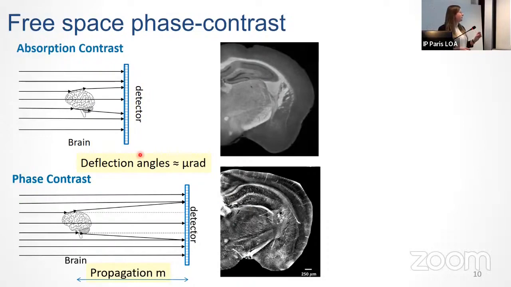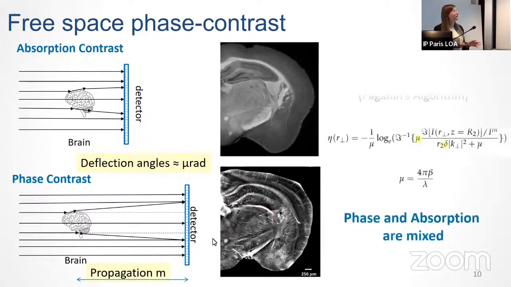To do so, the propagation needs to be meters long. On the detector, some rays will superimpose on a certain number of pixels, while in other places they will disappear. So the edges and the structures inside the sample will appear nicer and more detailed.